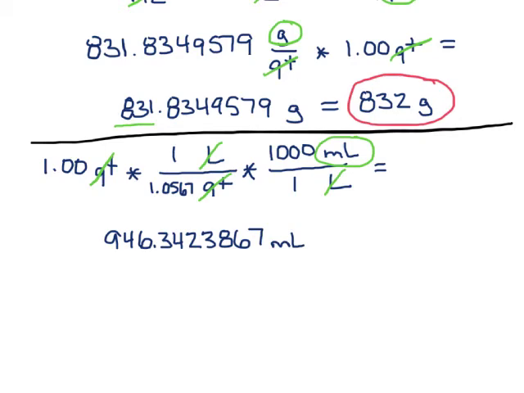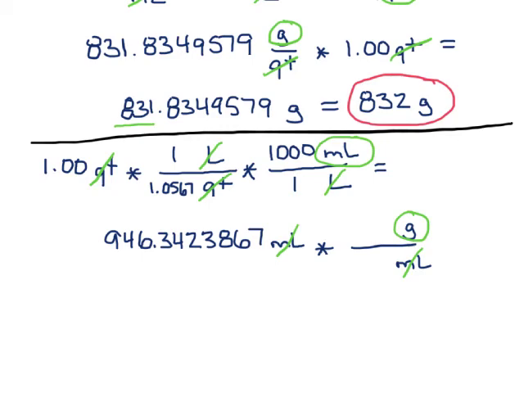And again, we're using density as a conversion factor. So now I know how many milliliters, I know the volume, and I want to find a mass. When I have a volume and I want to find a mass, I need something that cancels out my volume and leaves me with a mass.